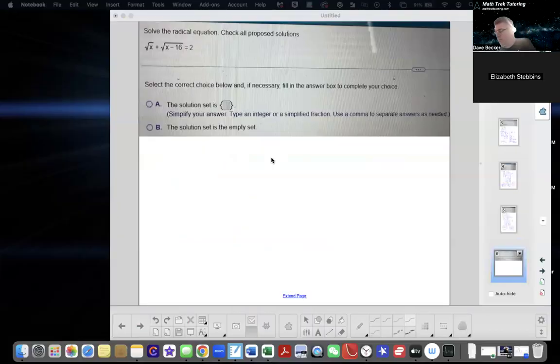I was wondering if we could do this problem and then look at absolute value.